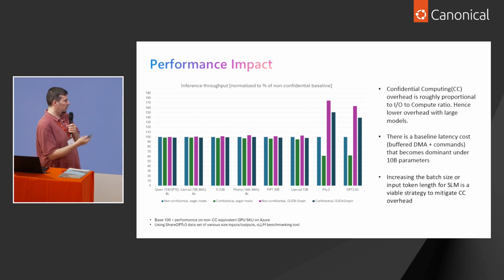So in the case of confidential GPU VM, the main overhead is that we have to encrypt the traffic between the VM and the GPU. And in the current generation, this is done in software, at least on the CPU side. That will be done in hardware in the next generation, but that introduces some latency for DMA operations.